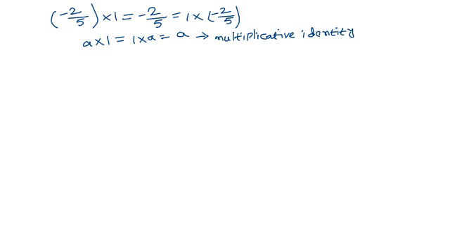2 by 5 plus 1 by 3 is equal to 1 by 3 plus 2 by 5. How does it look? a plus b is equal to b plus a. So what is the formula for this? This is the commutative property under addition.